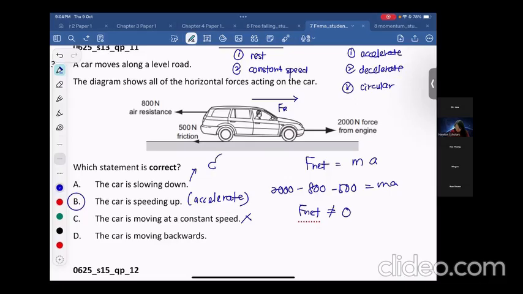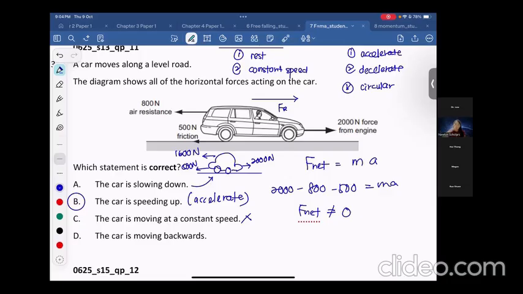If this is the car, we have forward 2000, we have 800, we have 500 Newton for friction, but suddenly there is a strong wind blowing against our motion. Suddenly it becomes 1,600 Newton. The air resistance is higher.